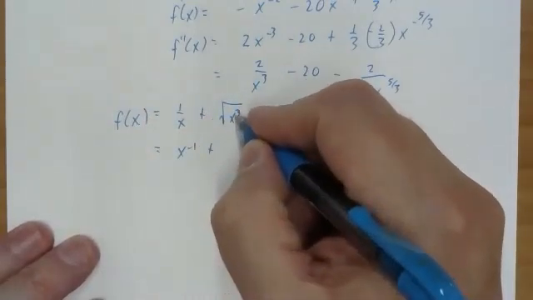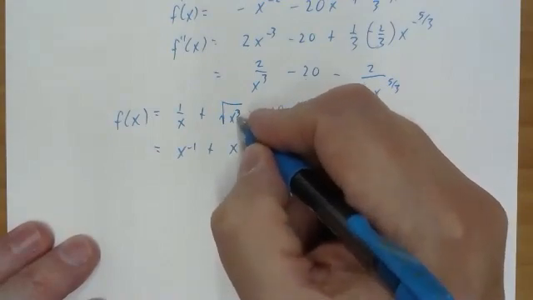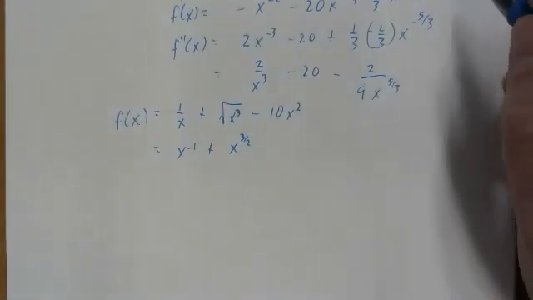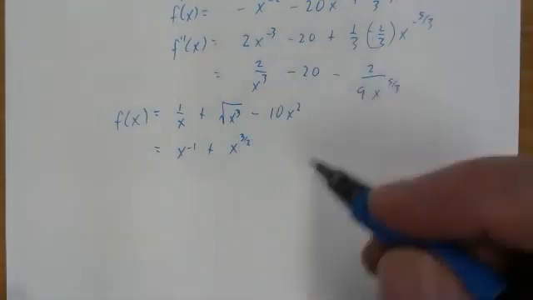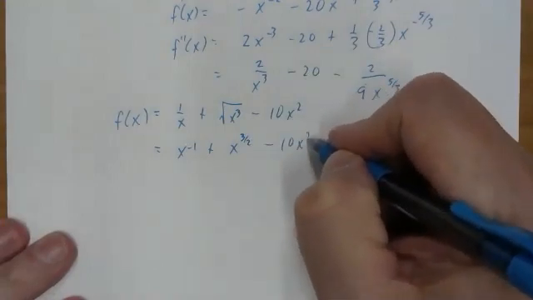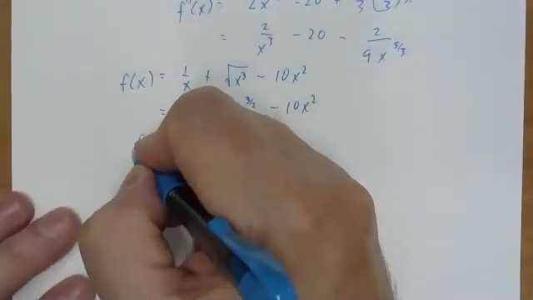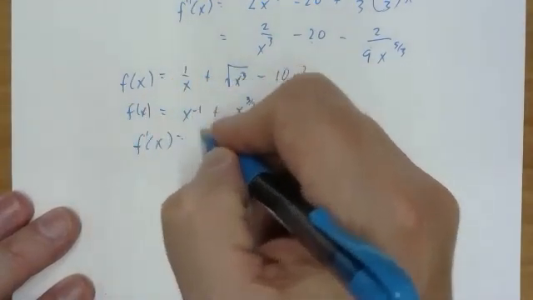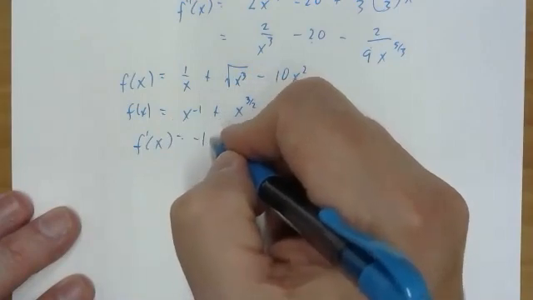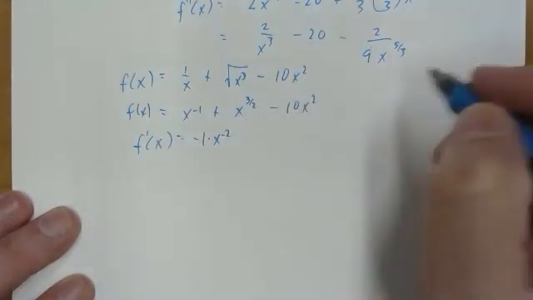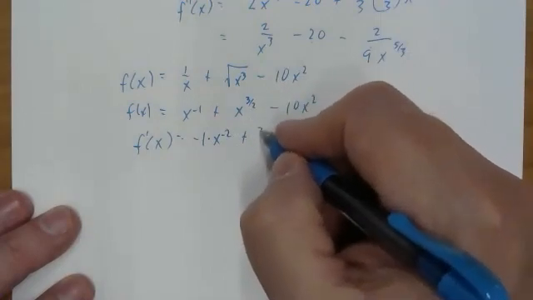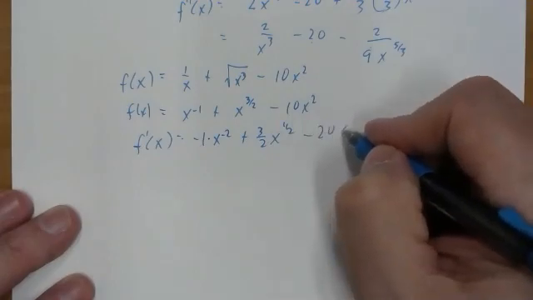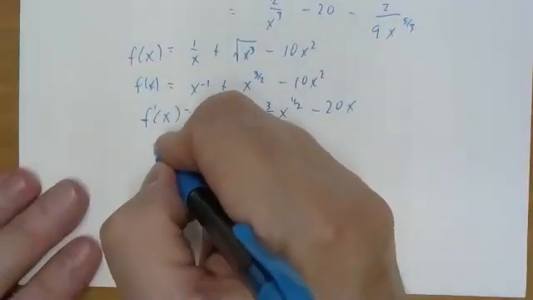So what happens is, when you switch it to a rational exponent, it's x to the 3/2. Now, first derivative: -1 times x to the -2. This becomes 3/2 x to the 1/2. There's a first derivative.